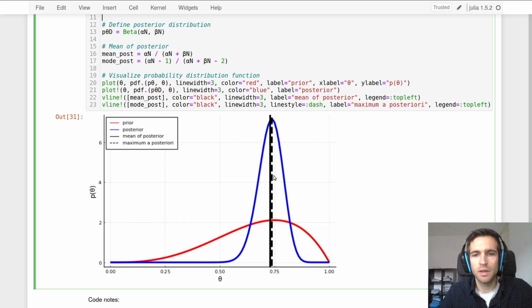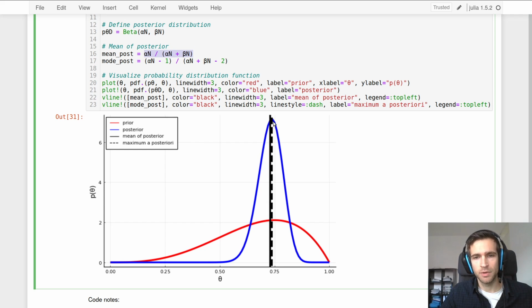If we'd like to summarize this posterior distribution into a single value, a point estimator, then we usually pick either the expected value of this posterior distribution, the mean, and because this posterior distribution has a beta form, we know the functional form of the expected value. That's this thing.